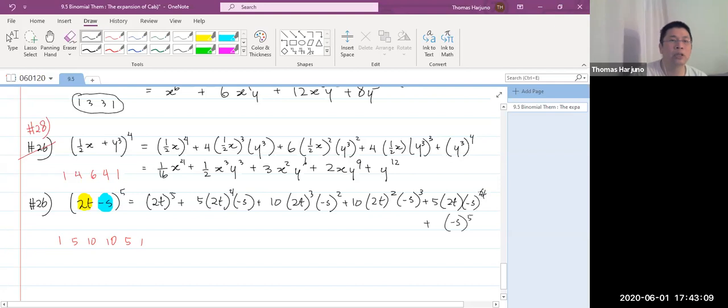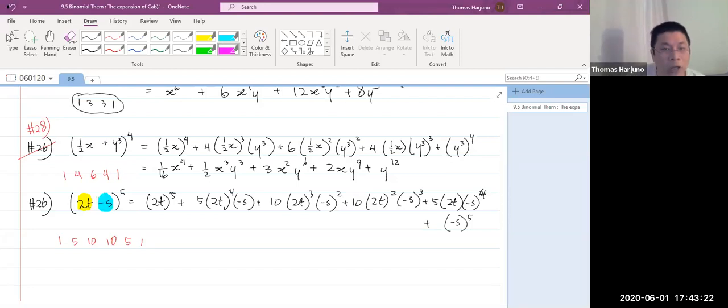Now, actually, you will see one pattern. Another pattern is if it is subtraction instead of addition, then the terms are alternating: positive, negative, positive, negative.